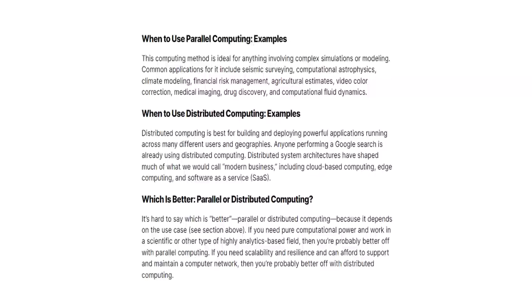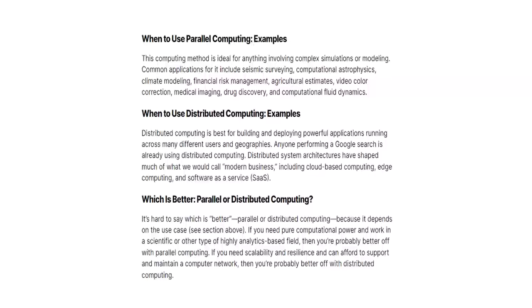So you will rely on a more multi-core system. When to use distributed computing? Distributed computing is the best for building and deploying powerful applications running across many different users and geographies. Anyone performing a Google search is already using distributed computing.